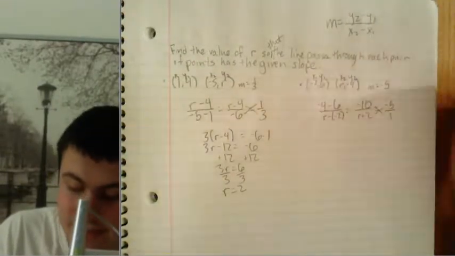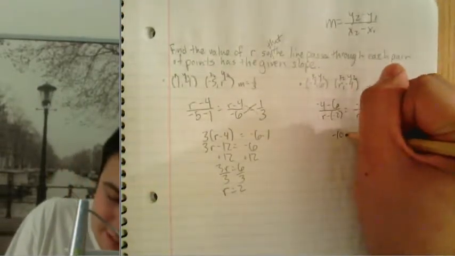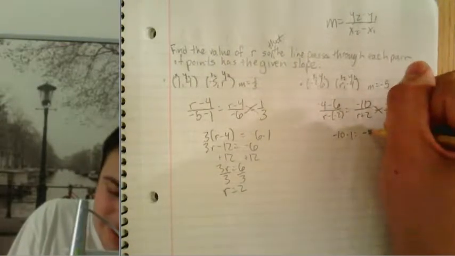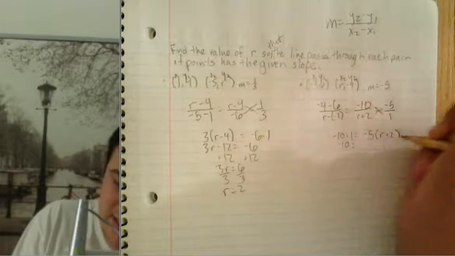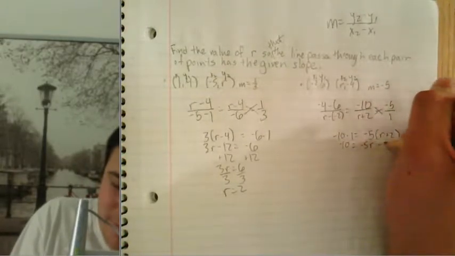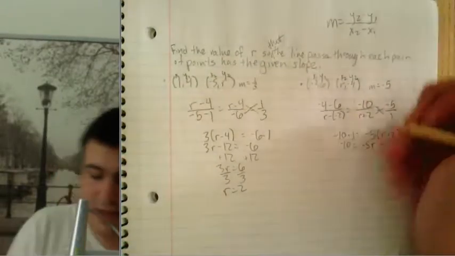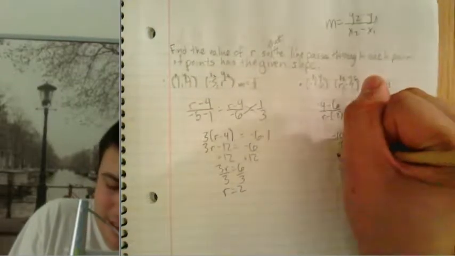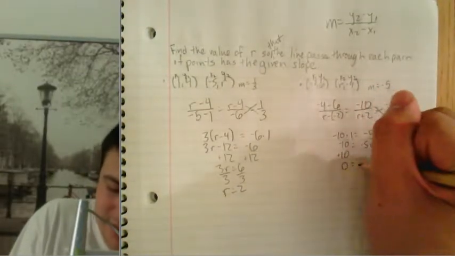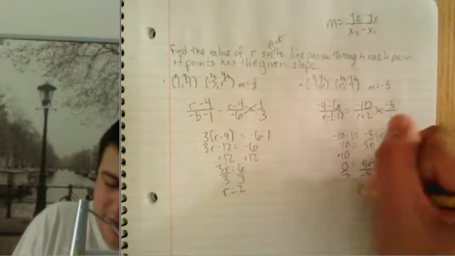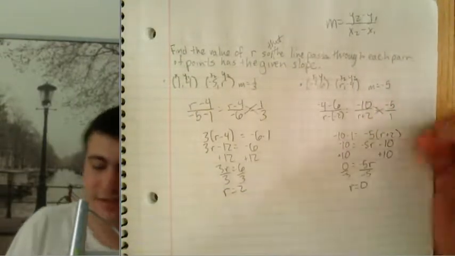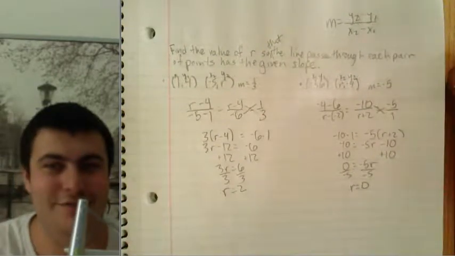And again, I'm going to do the cross product, so negative 10 times 1 equals negative 5 times the group r plus 2. So I have negative 10 equals negative 5r minus 10. I'm going to add 10 to both sides to get all my constants to one side and have 0 equals negative 5r. I'm going to divide both sides by negative 5 and see that r equals 0, so the point over here would be 0, negative 4.